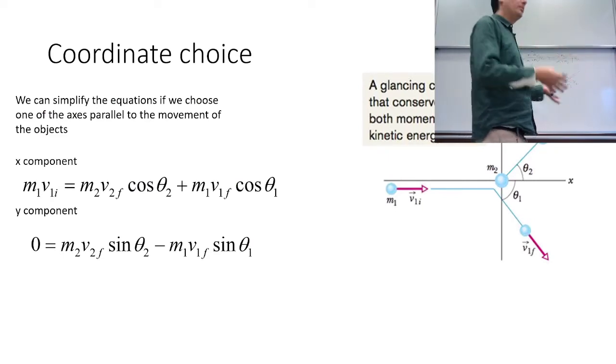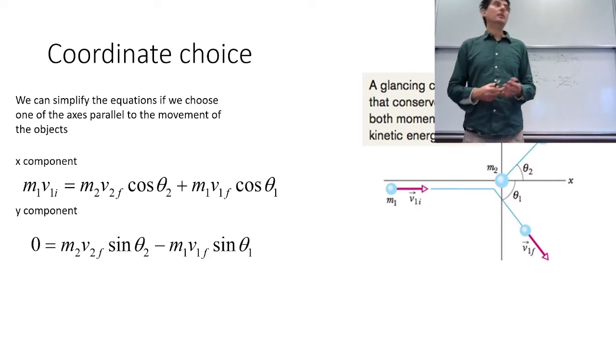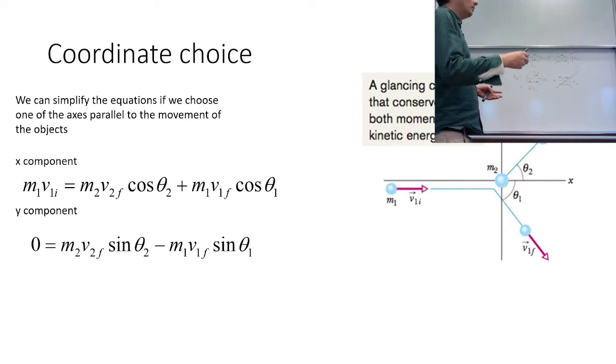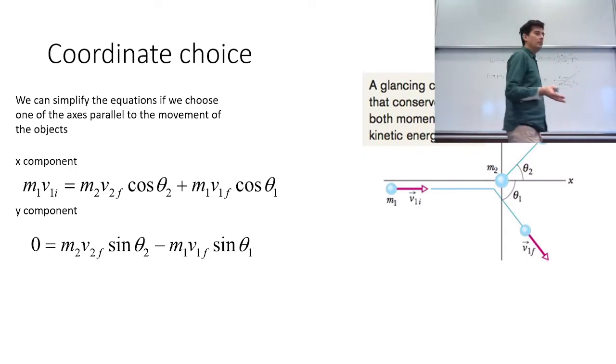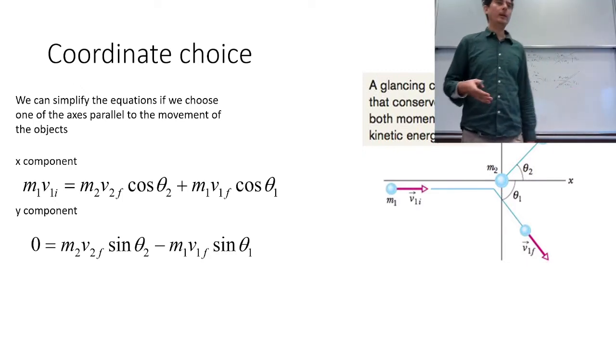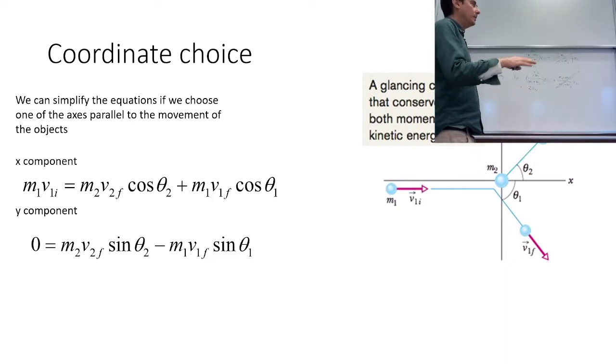So the x and y components are separately satisfied, but what we call the x direction and y direction is up to us. We could choose it at any angle that we like. So just to make our lives easier, we might as well choose it in a way such as to simplify the problem as much as possible.